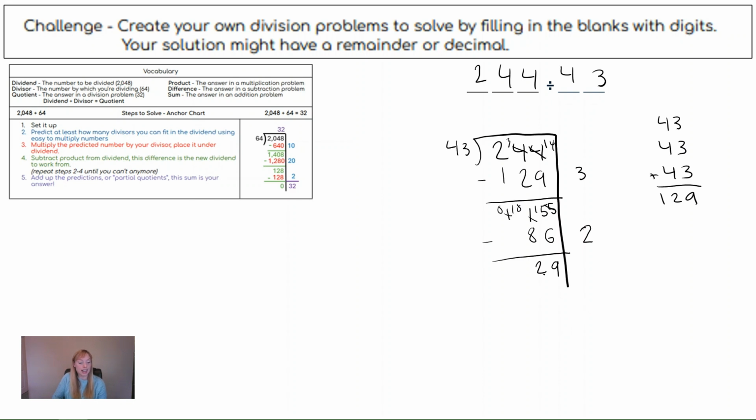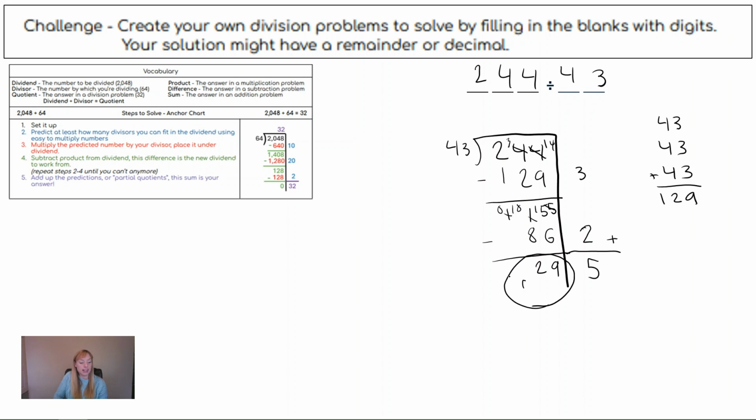Since 29 is less than 43, I can't repeat the steps anymore. I have to stop, add up those partial quotients on the right. 3 plus 2 is 5. This means that 244 divided by 43 is 5 with a remainder of 29.